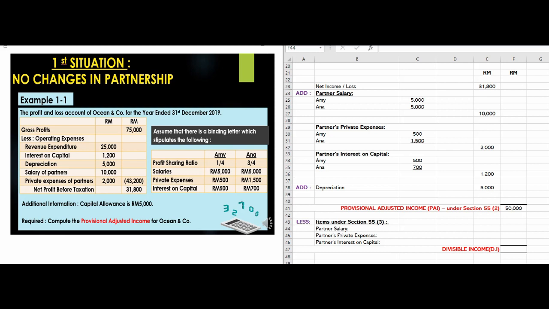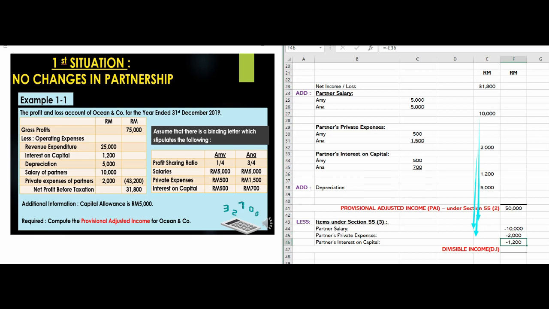Okay, DI. What we are going to do is subtract all expenses regarding the partner. The first step, we are going to deduct partner salary. We are going to deduct it here, then the private expenses and the amount of interest on capital. So let's fill out the amounts.